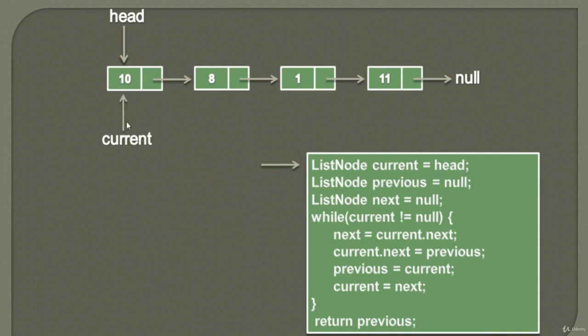So currently head points to the first node. So similarly the current will point to the first node which is 10, and moving ahead then we'll create one more node which will point to null. So the name of this node would be previous. Moving ahead, we'll create a node by the name next and we'll assign a null value to it.